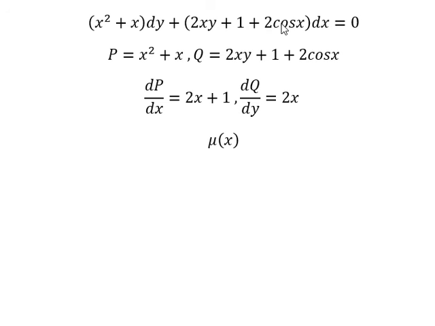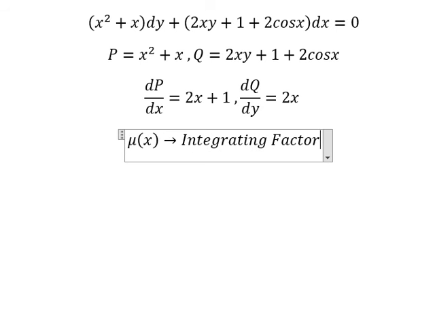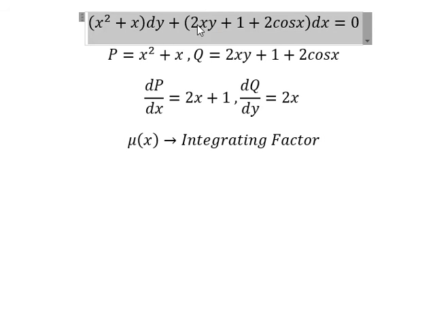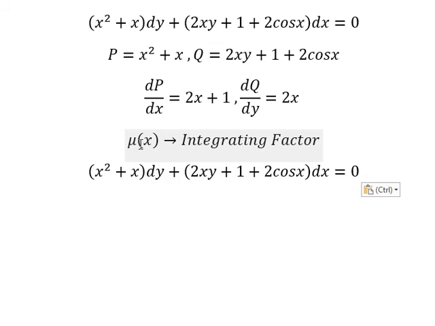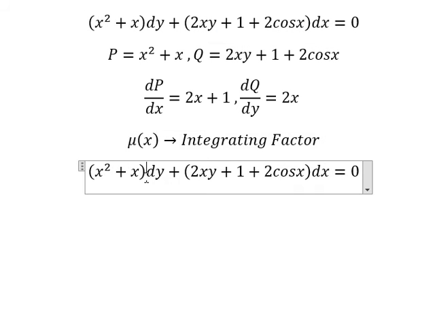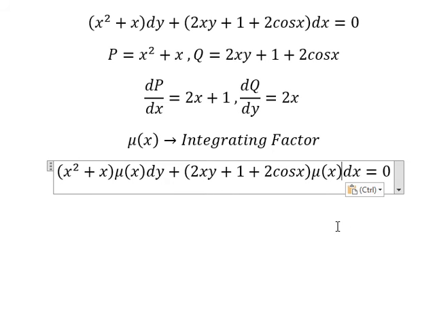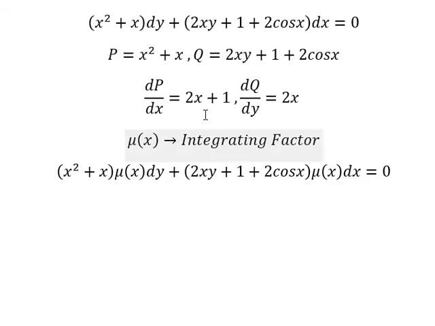So in this situation, that's why we need to choose mu s to prevent using trigonometry in here. And this is the integrating factor. So that means we multiply both sides by mu s. And now we want this one to equal this one.